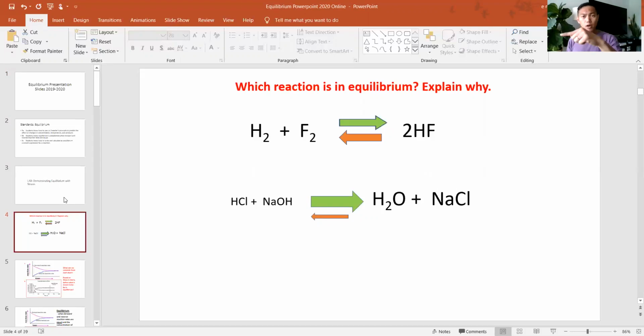One is making the product, and the other is taking the product and recreating the reactants, known as the reverse reaction. As much as possible, the arrow sizes are the same. On the bottom, we have HCl and NaOH, our acid and our base, forming water and sodium chloride. But you'll notice that the font is smaller on the left, bigger on the right, and the arrows are also unequal sizes.